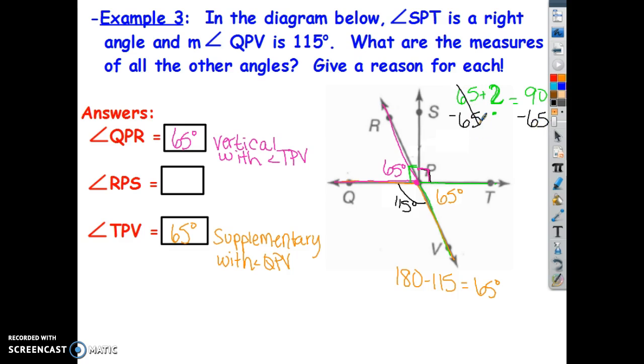And we see that RPS is equal to 25 degrees because it has to be complementary with QPR. So this is 25 degrees, and our explanation is because it is a complementary relationship with angle QPR.